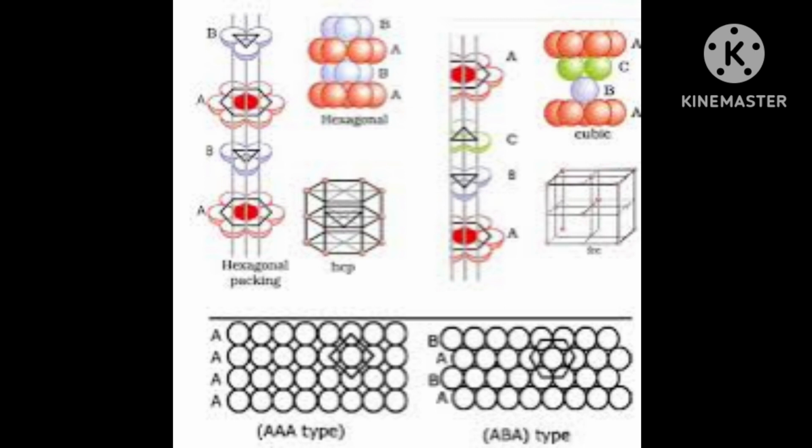Tetrahedral voids are occupied, and because they are small, the number will be double.